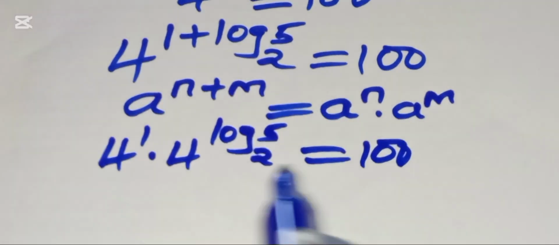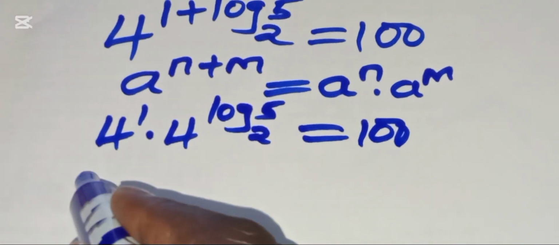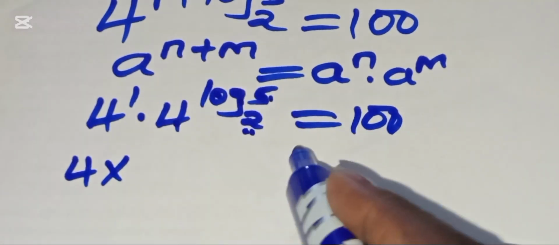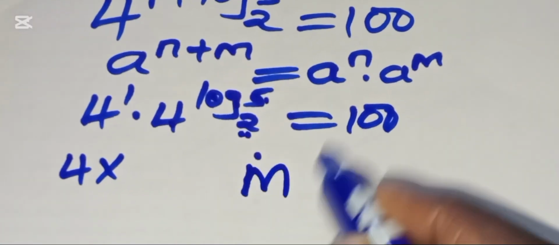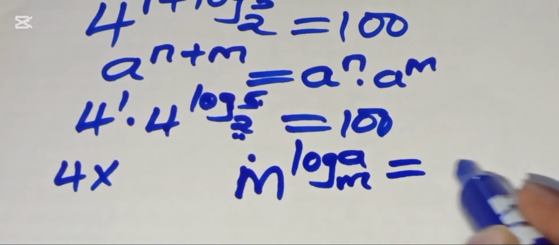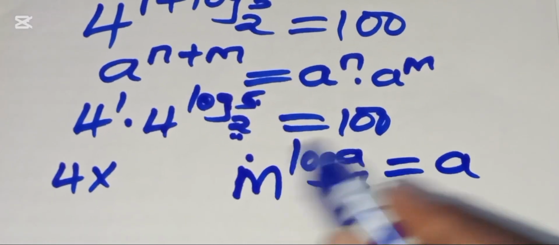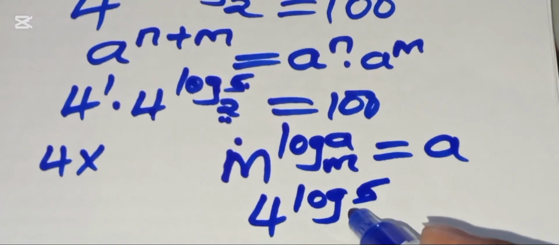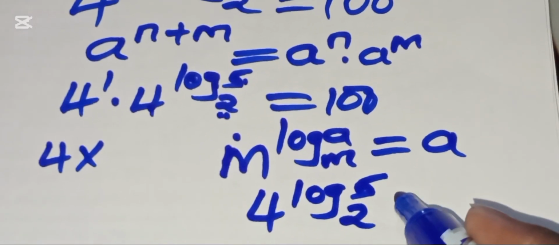Now this is 4 multiplied by 4 raised to power log 5 to base 2. This is in the form of m raised to power log a to base m, which is essentially equal to a.